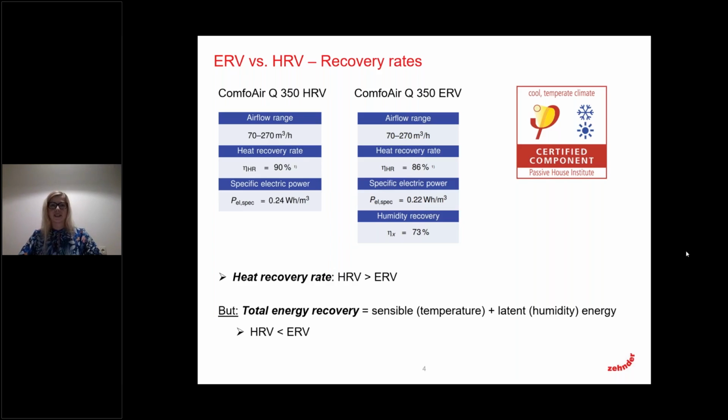In this slide, we have the comparison for Zehnder Comfort Q 350 with different heat exchangers, with HRV and ERV. The results brought out here are taken from the Passive House certificate.